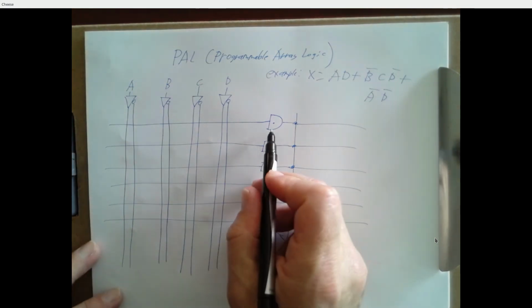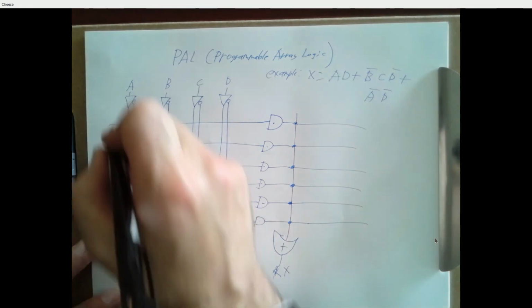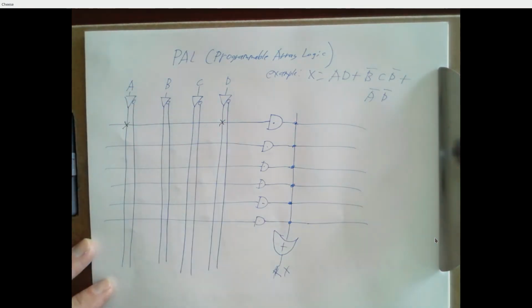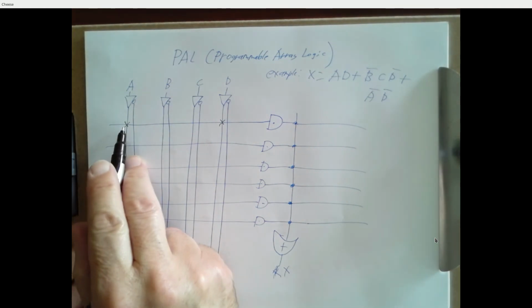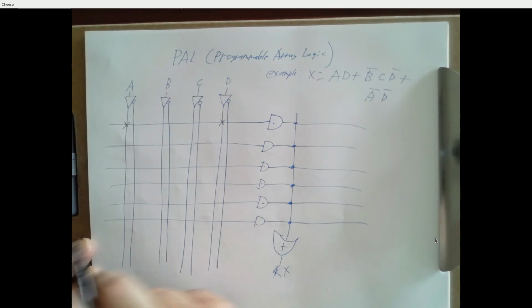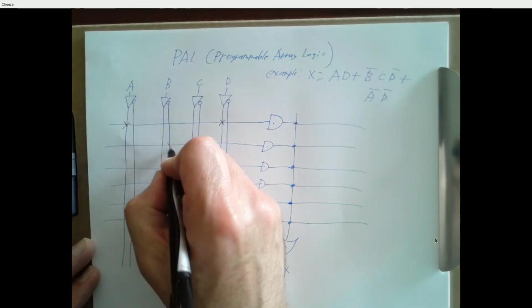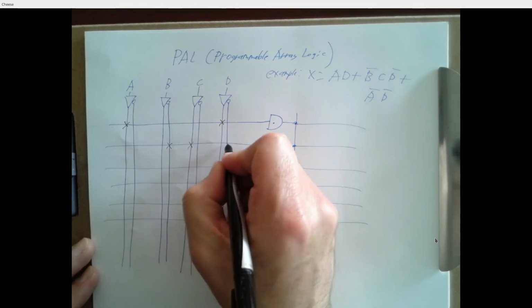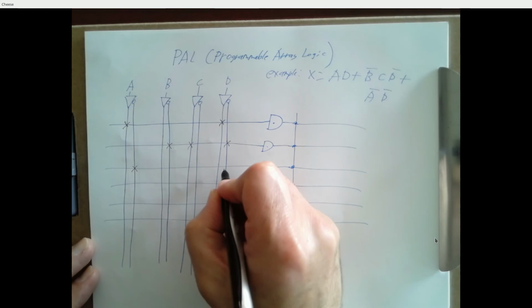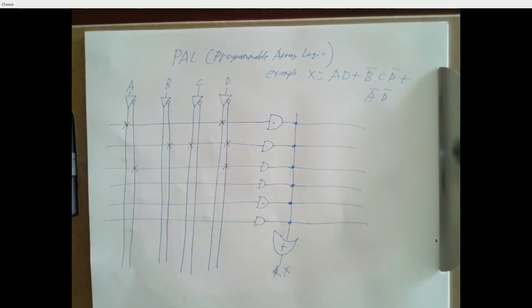So my first AND term, I'm going to take the AND of A with D. I'm just going to put a little mark here and a little mark here. And this says A is going into my AND gate and D is also going into my AND gate. And the second line, we want B bar, we want C, we want D bar. And this third line, we want A bar, and we want D bar. And that's enough information to describe a circuit that implements this function X.